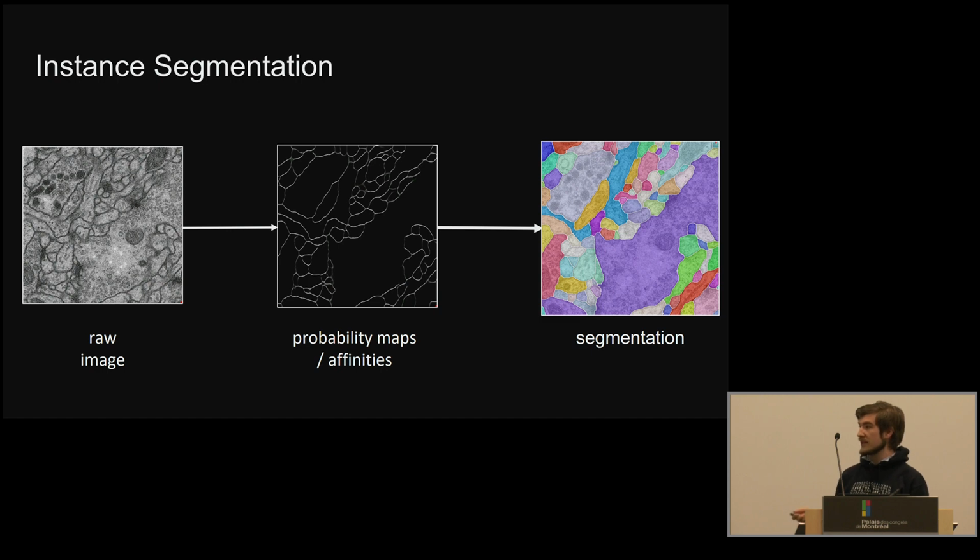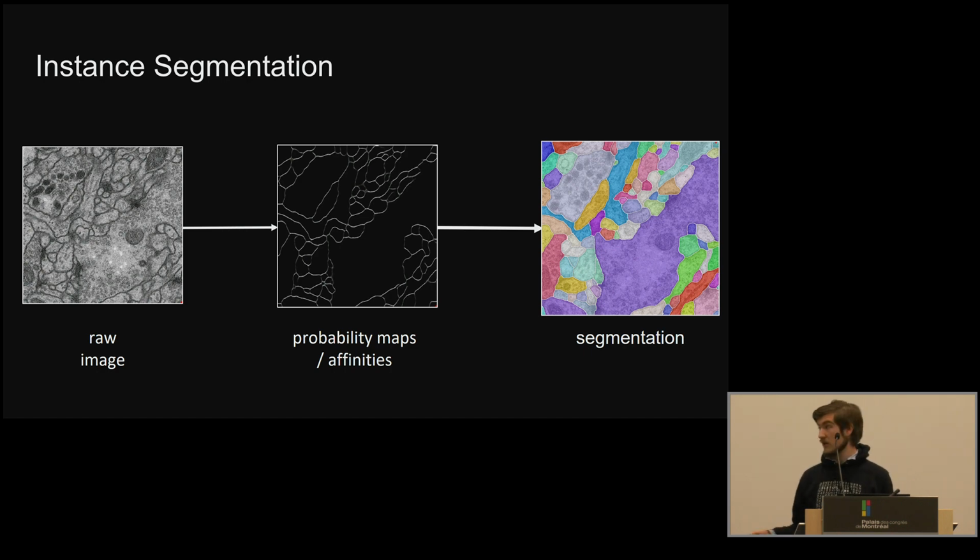On the left-hand side, you can see fruit fly brain tissue, and what you want to do is find the individual neurons here. This is the segmentation problem, and you can solve this by first predicting probability or affinity maps that indicate whether two pixels are in the same cluster or not. And then you apply a clustering algorithm, such as the mutex watershed that we've seen in the title.